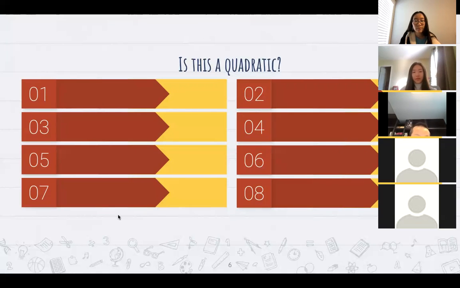So we'll just go through this and tell me if it is a quadratic or not. This first one is x squared plus 70x minus 2. That one's a quadratic because x is squared. Yeah.